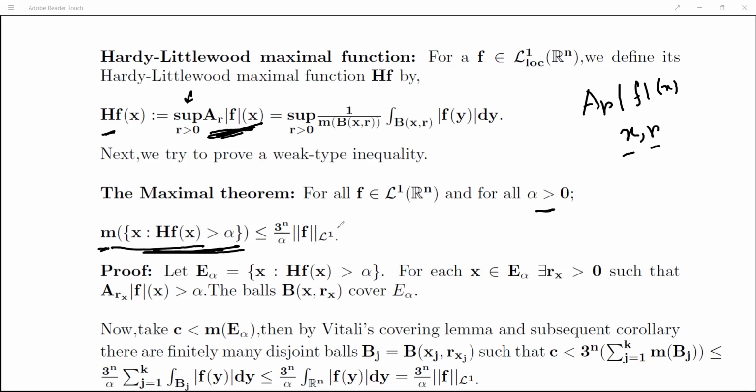This inequality seems very similar to the Chebyshev inequality or Markov inequality, whatever you call it. All of these kinds of estimates are known as weak type estimates. So the measure of this set is bounded by some uniform constant times the L1 norm of f. Okay, so let's prove this.